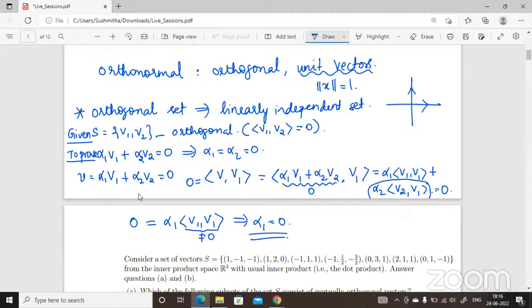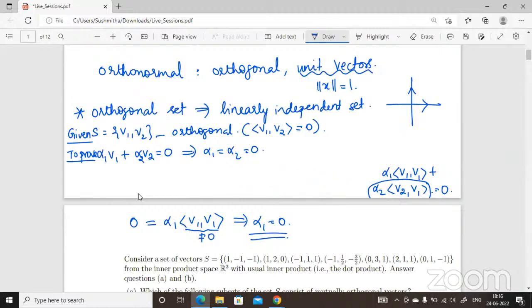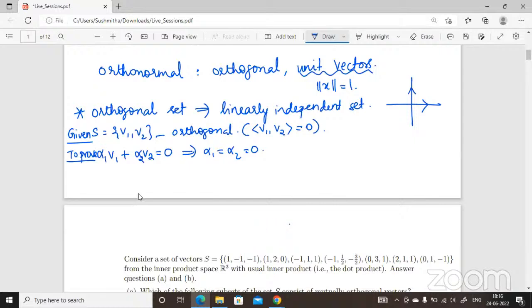So if I want to show something is linearly independent, how do I do that? You take the linear combination equal to 0, and then you want to show that the coefficients are 0, right? Yes.